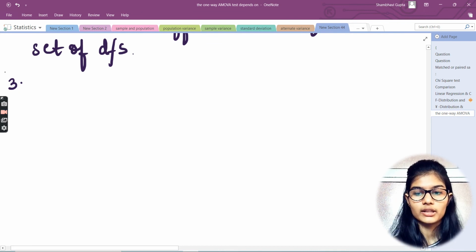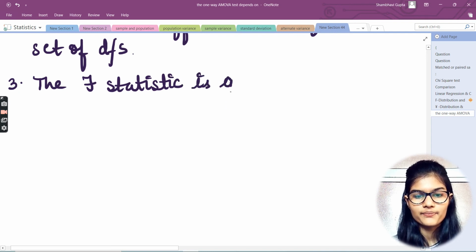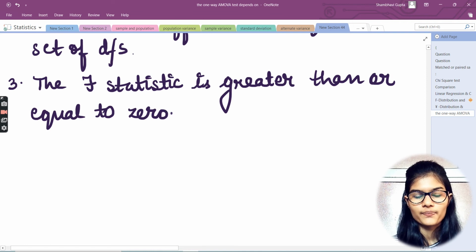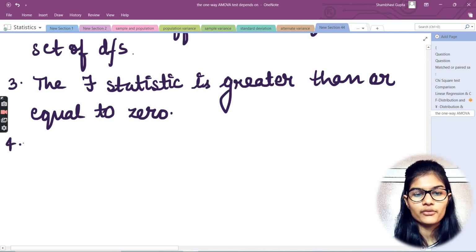For number three, the F statistic is greater than or equal to 0. Okay, this is the next point. Next we have number 4 here.